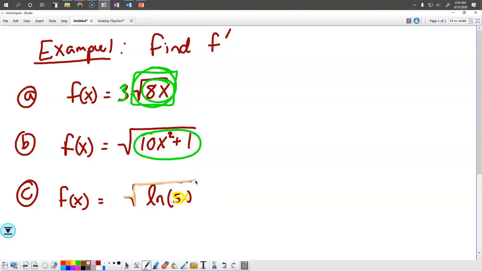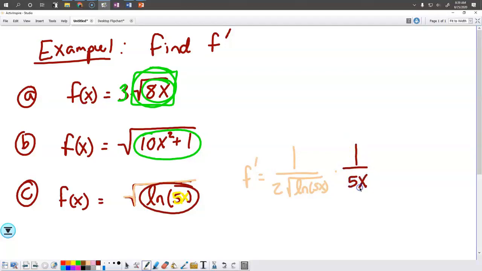So we're going to start by doing the derivative of the outside. The outside function is the square root. So the derivative of the outside will be 1 over 2 and then the square root. Multiply that by the derivative of the egg white, the ln. The derivative of ln is 1 over whatever's inside the ln function, times the derivative of the yolk, which is 5.